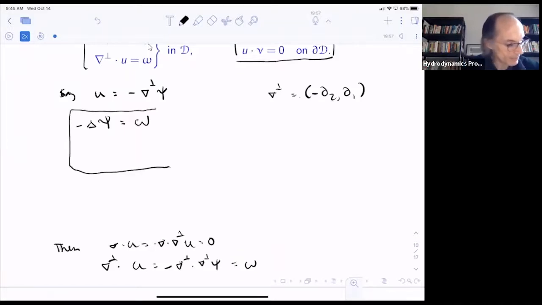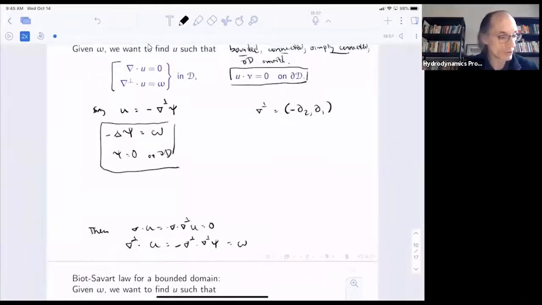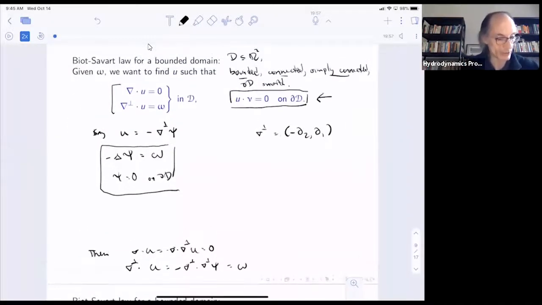Let's say psi is 0 on the boundary of the domain D. My claim is that this is a good thing to do because it will guarantee that this condition holds.